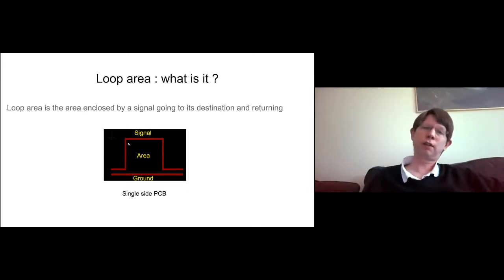We said each side of this edge was 10 millimeters. So the area between the ground and the signal, if we follow the inside track there, and we have the track spaced at 0.2 of a millimeter spacing, we end up with an area of 6 square millimeters. That's compared to 100 square millimeters. So that's a significant difference.